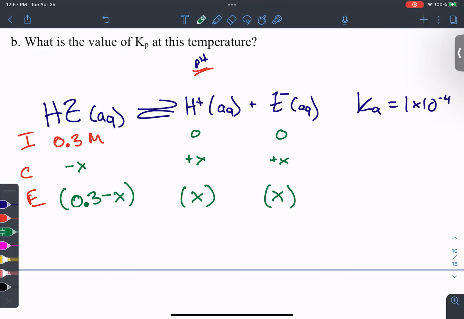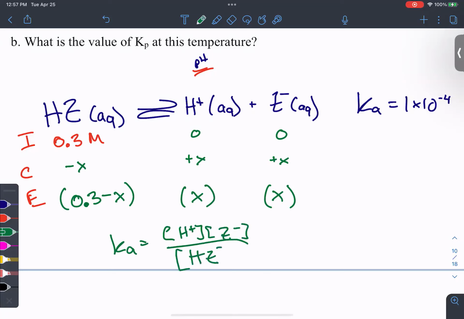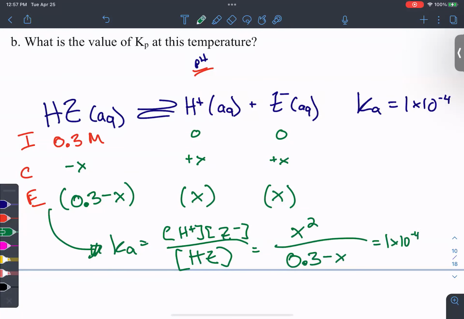So Ka equals H plus times Z minus over HZ at equilibrium. If I plug my E line into my Ka expression, I get x squared over 0.3 minus x equals 1 times 10 to the negative 4.